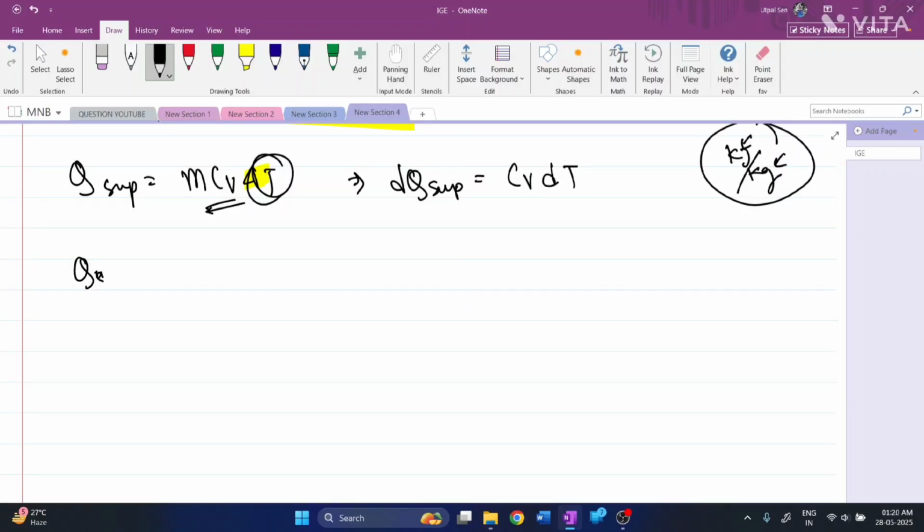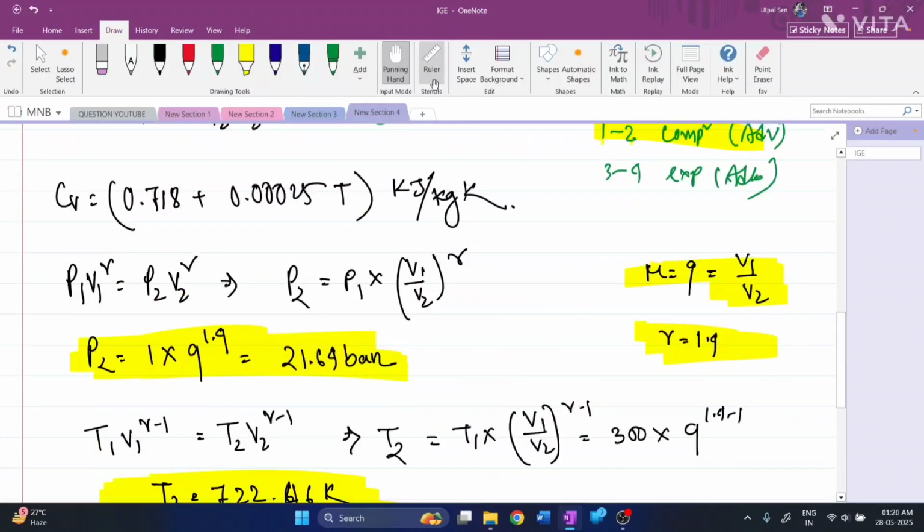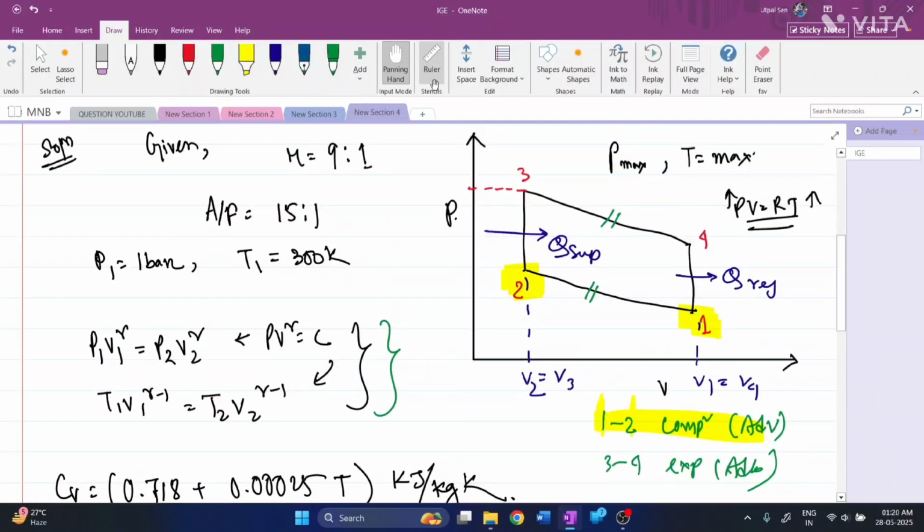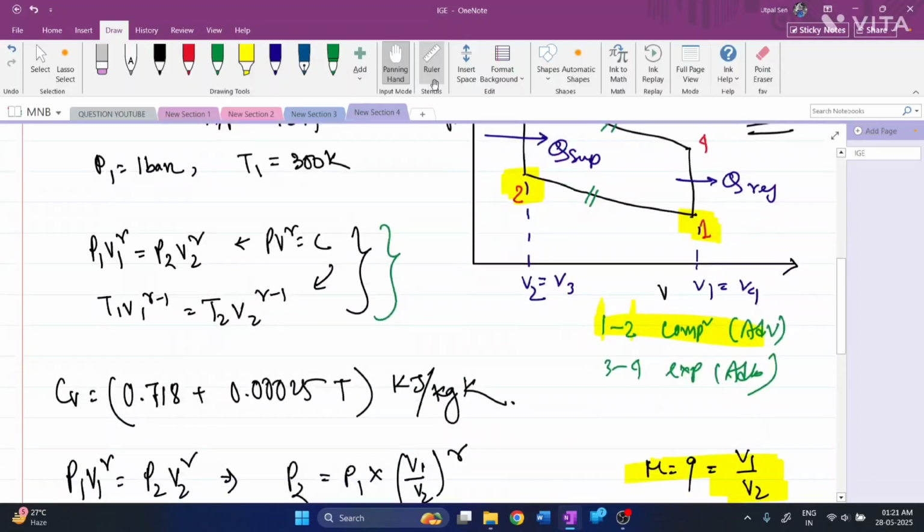Okay. So integrating this from T2 to T3, q supplied is equal to the integration from T2 to T3 of Cv dT. Why have we taken T2 to T3? As you can see from the diagram itself, temperature is increasing from T2 to T3 as heat is supplied from point 2 to point 3. Understood?